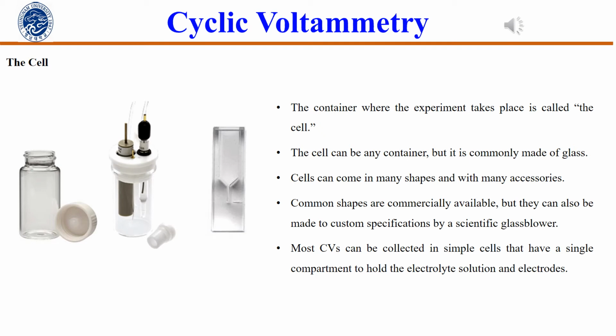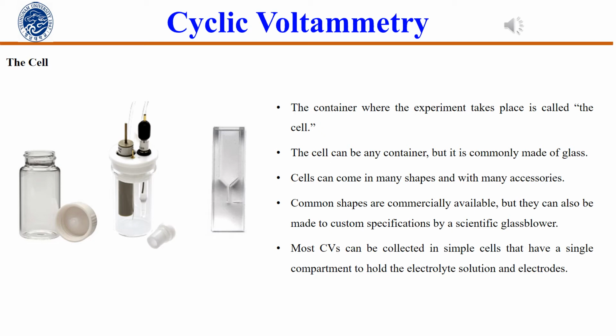Coming to the electrochemical cell, it is very important and essential to contain the electrolyte and electrodes in a particular manner. This container, where the experiment takes place, is called the cell.